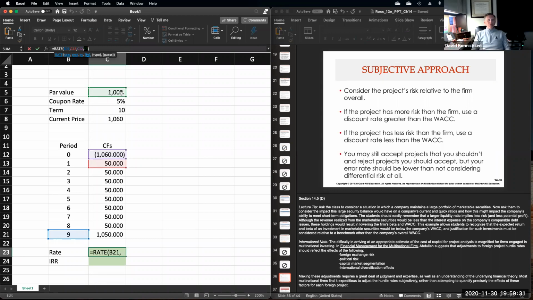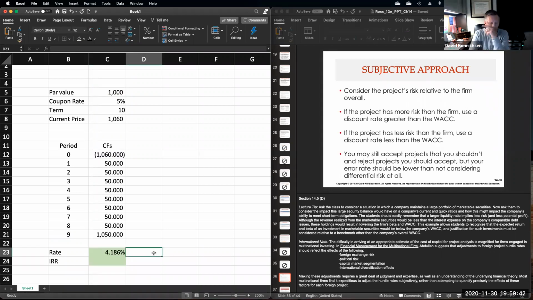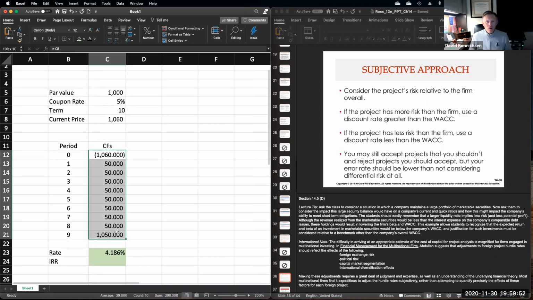So when we do that, we get the rate or the yield to market of 4.186. That is the rate that is required in the market in order to set the net present value of all our cash flow streams to 0.